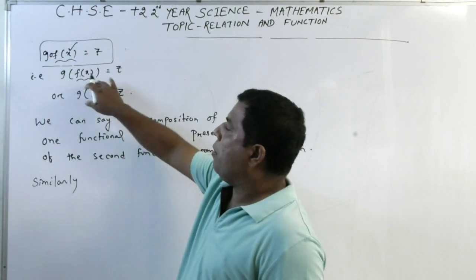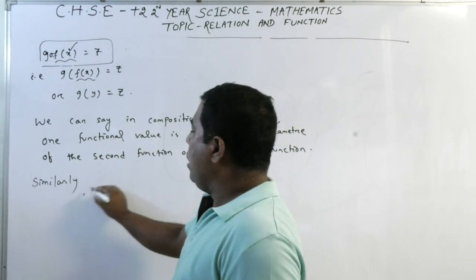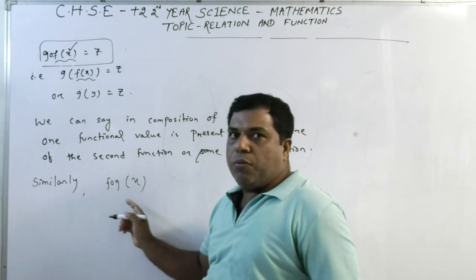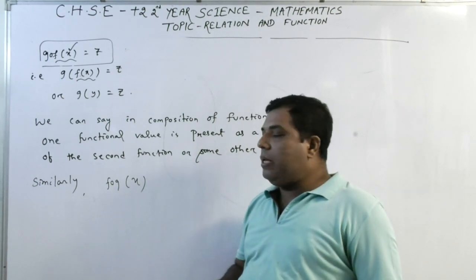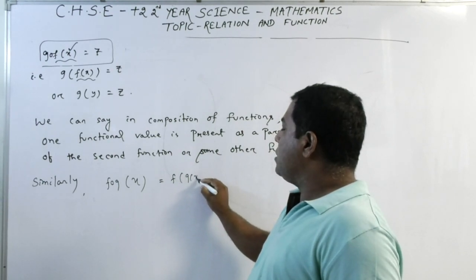So it is g of f of x equal to z. Similarly, what can we call it? We can call it f o g of x. So it is equal to f of g of x.